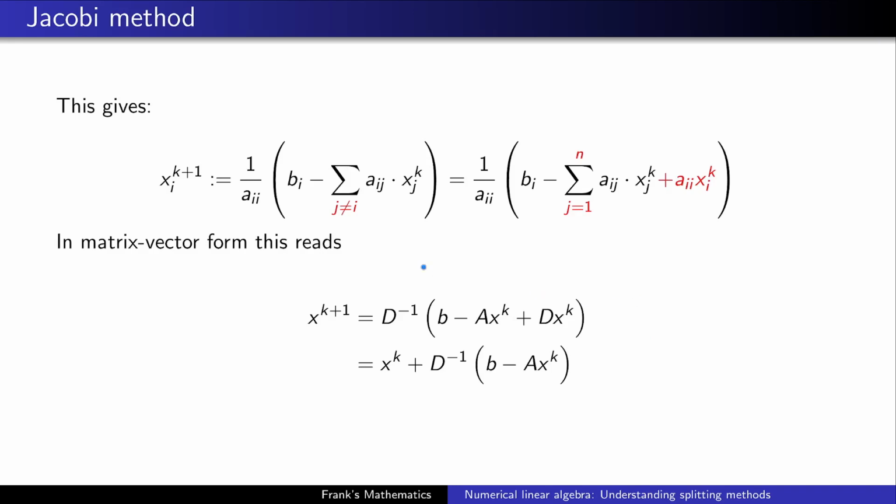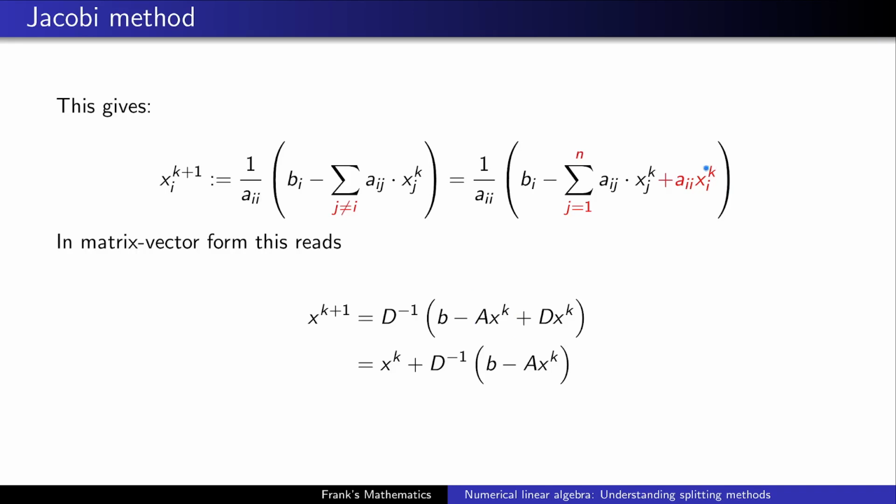Don't be afraid. So first of all, in our definition, this sum does not contain aii or xi, because this is excluded. Of course, it was brought to the other side. So just add it and subtract it again. So we have here a full sum. Because this here is just the ith component of the vector A times x^k.